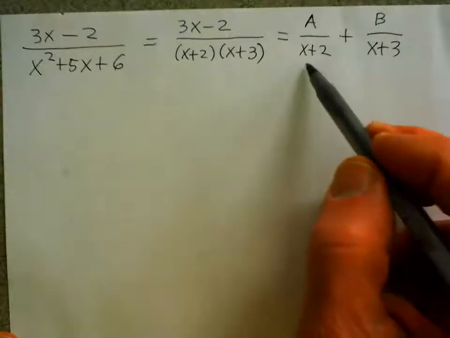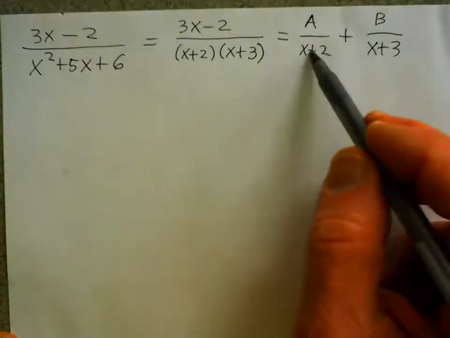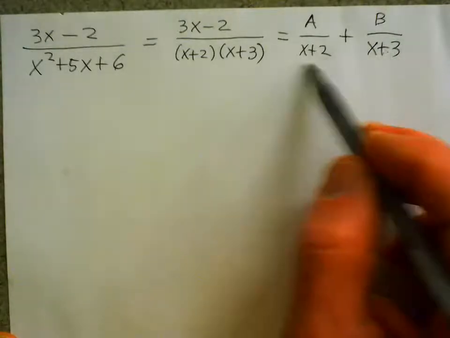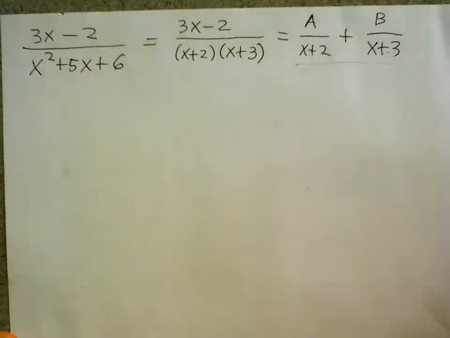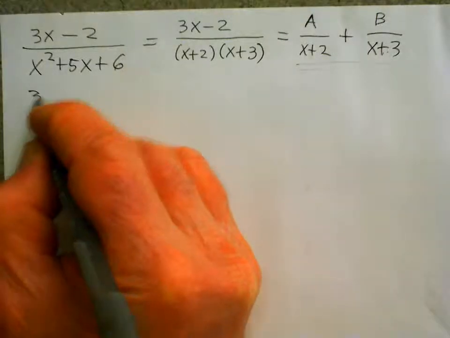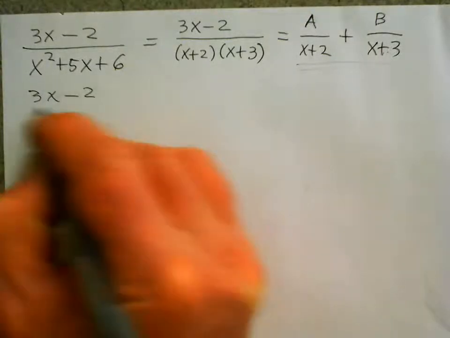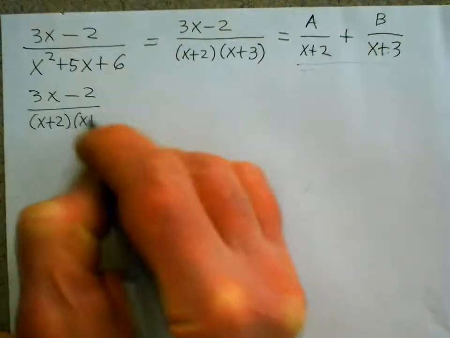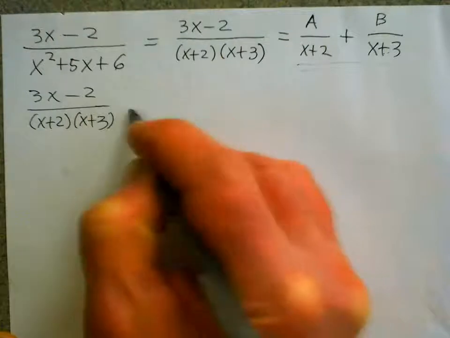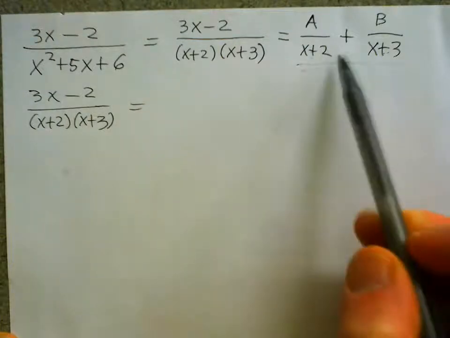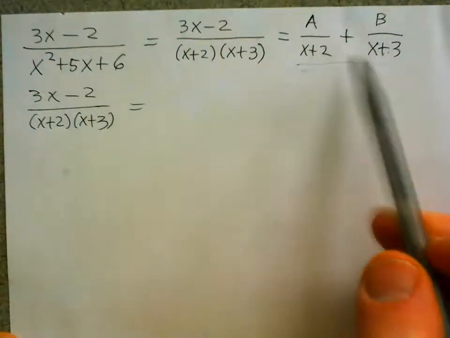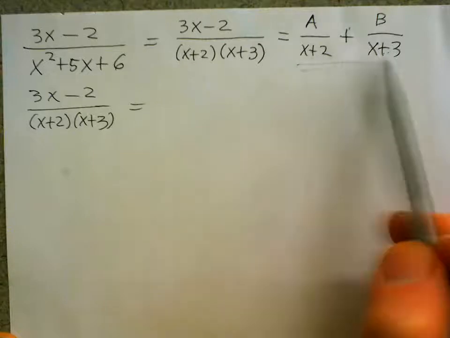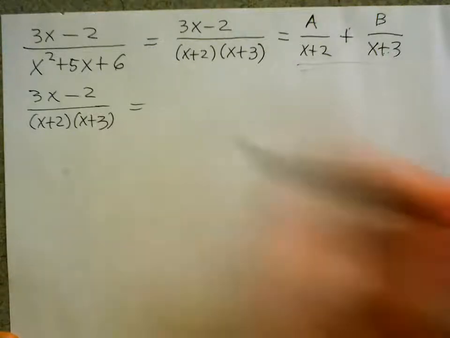So now what we do is we add these two fractions. So I'll write 3x minus 2 over x plus 2 times x plus 3. And then before we can add the two fractions, we have to have a common denominator.